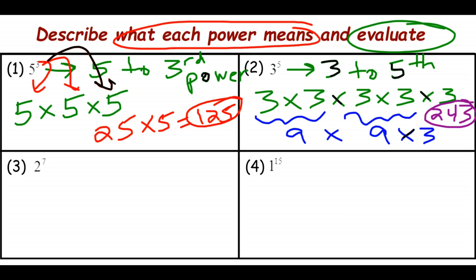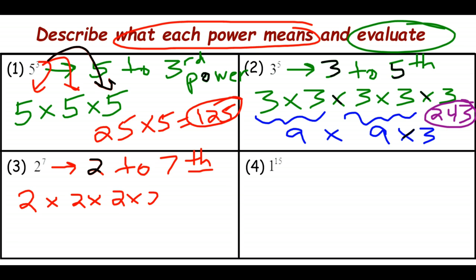Number 3, we have 2 to the seventh power, which is 2 times 2 times 2 times 2 times 2 times 2 times 2.